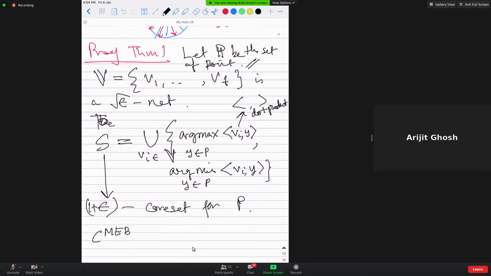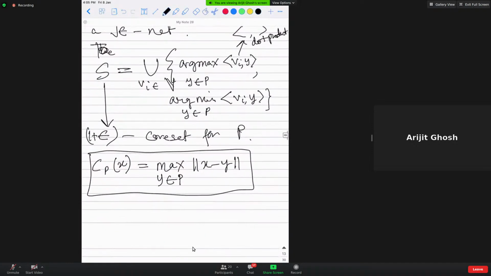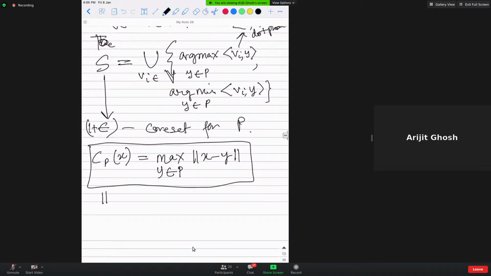Rather than keep writing CMEB, we just call it C, where C_P of x is defined to be the max over all y in P of ||x minus y||. So with respect to this cost function, we want to calculate a core set given the set P.